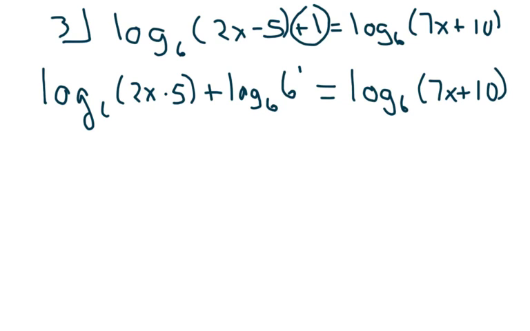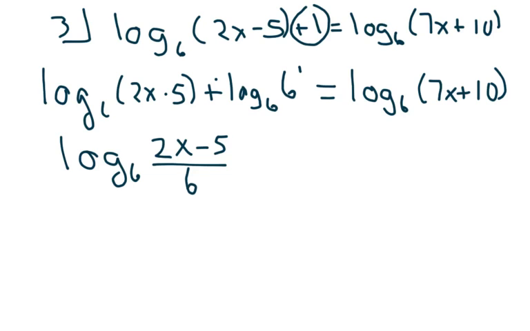Now we're going to condense, or write as a single logarithm, using our product property, so this is log base 6 of 2x minus 5 times 6 equals log base 6 of 7x plus 10.